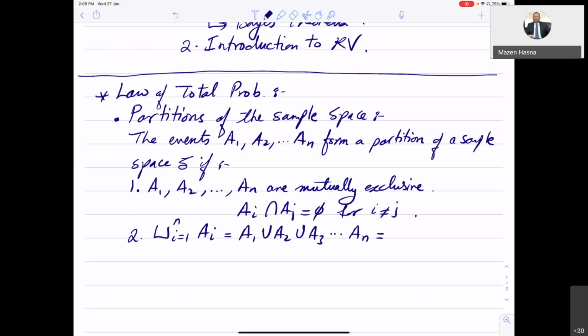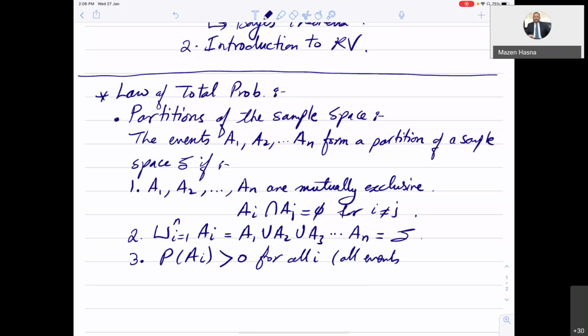If I take the union, it should give me the sample space. And the third one is I do not have any trivial event, which means all events should have outcomes.